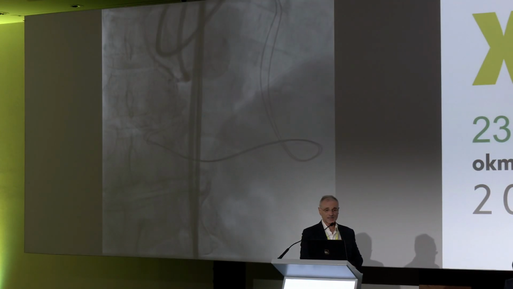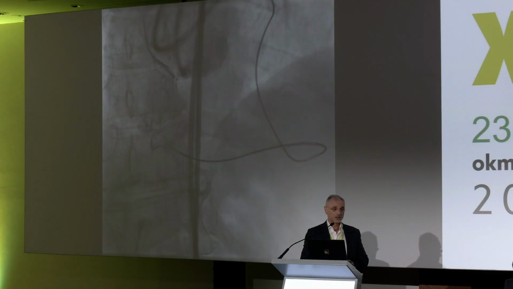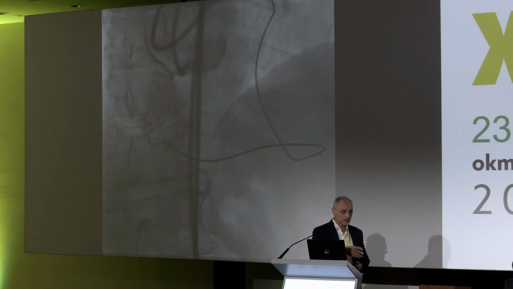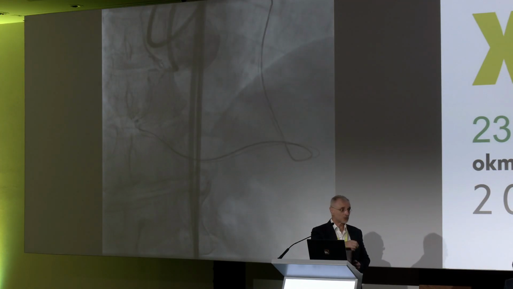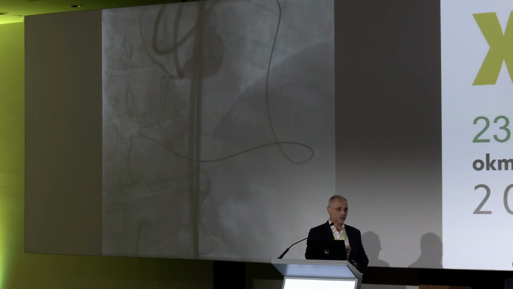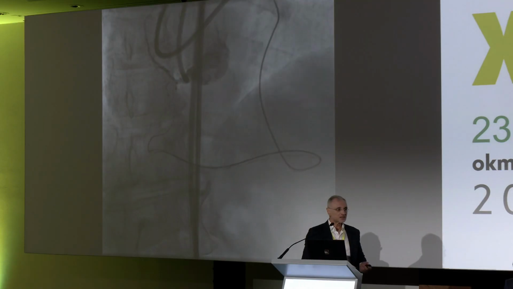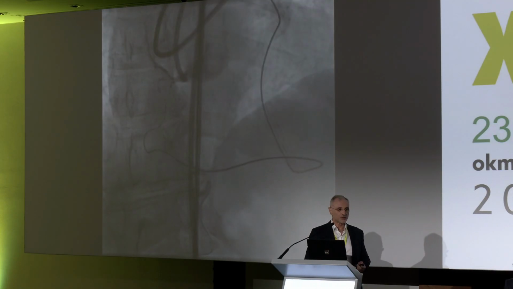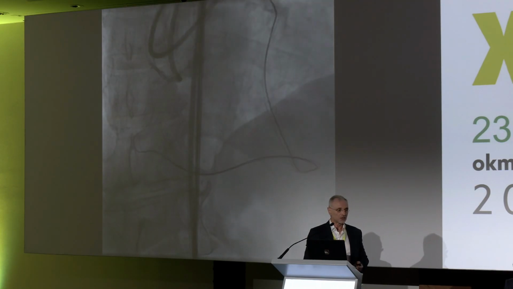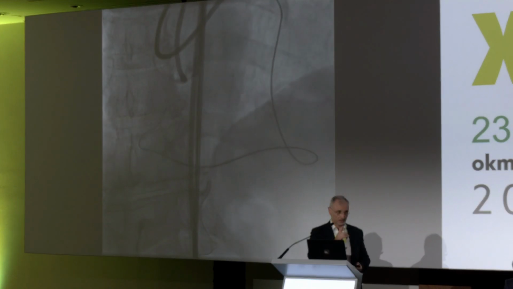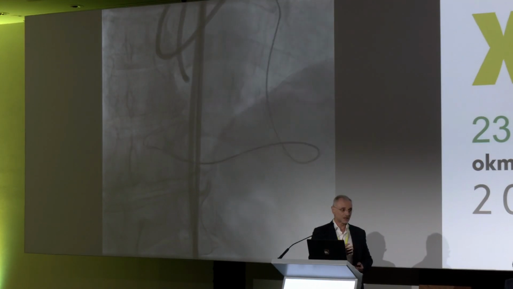This is a message that you have to have: by having a retrograde wire doesn't mean that it will cross through to true. It can go as wrong as an antegrade wire, okay? And you can clearly see it here. It doesn't mean that the distal cap is any different than the proximal cap. We know that today. Your retrograde wire can go as wrong as the antegrade, as it happened in this case. But at least you have a target to see.